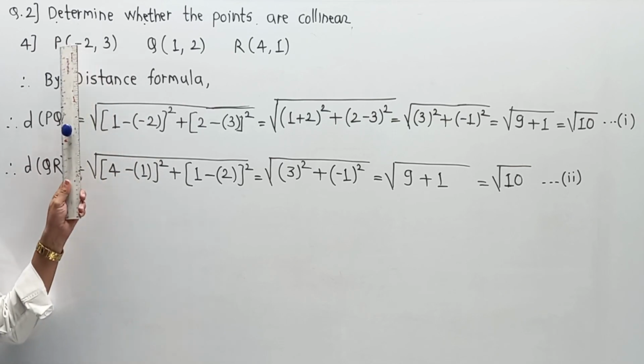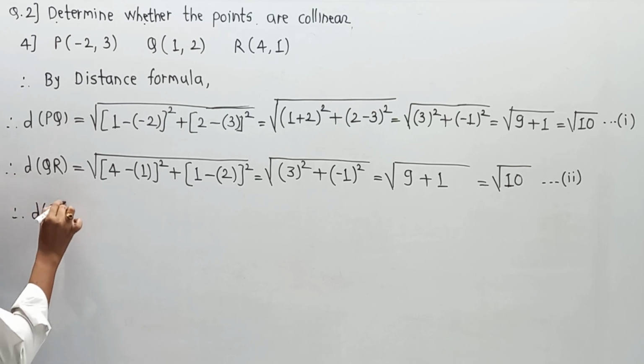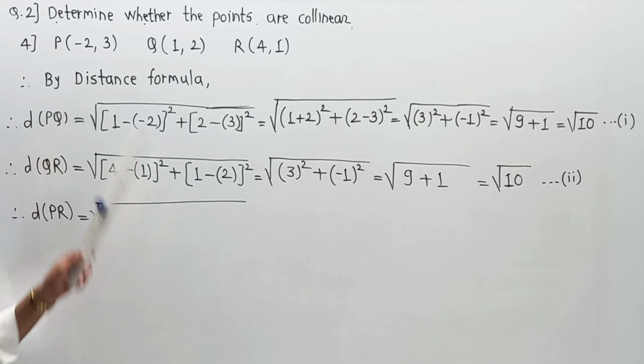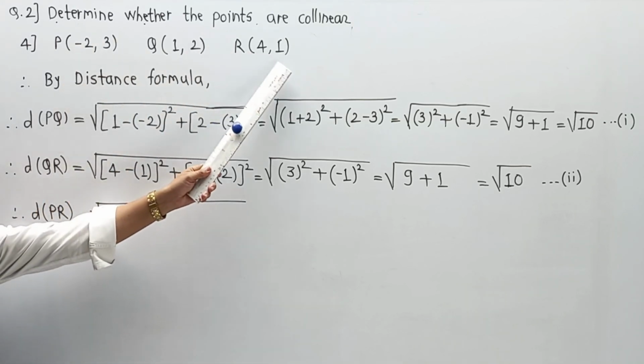Now our third part, we are interested to find the distance between PR. Therefore distance PR is equal to under root of, now here in PR this becomes x1 y1 and this becomes x2 y2.